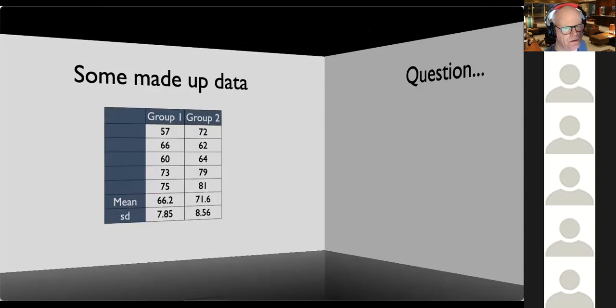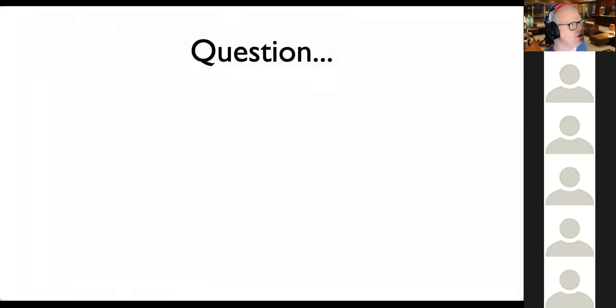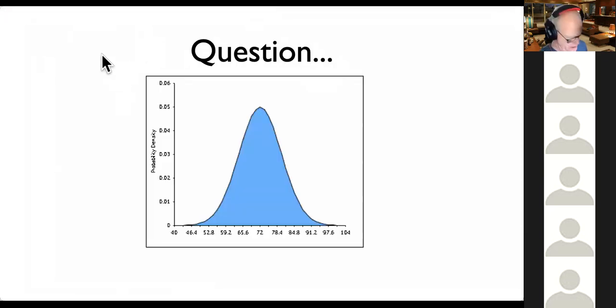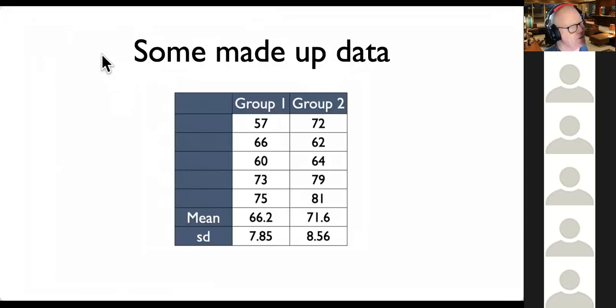Okay, so here's a question with those two groups. So again, let's just quickly go back. Remember these numbers. We've got 66.5 as a mean, and roughly 7.9 as standard deviation, and 71.6 and roughly 8.6 as a standard deviation. Those are pretty close.